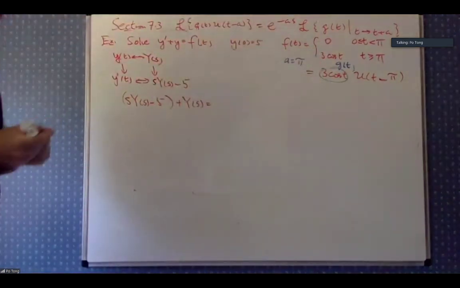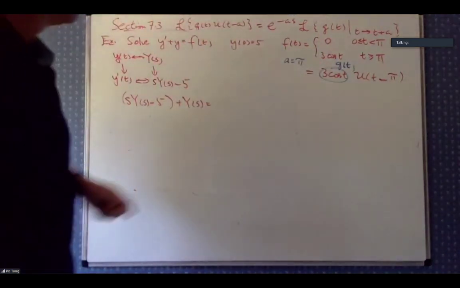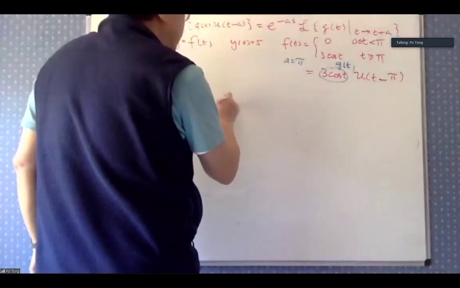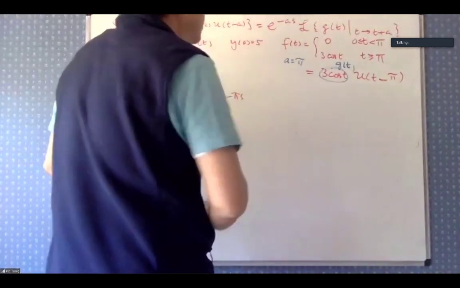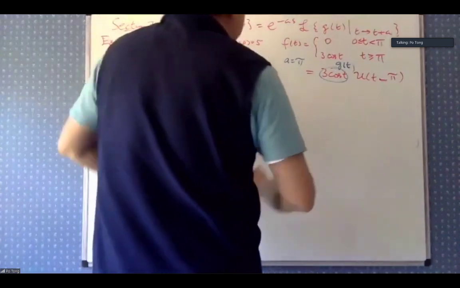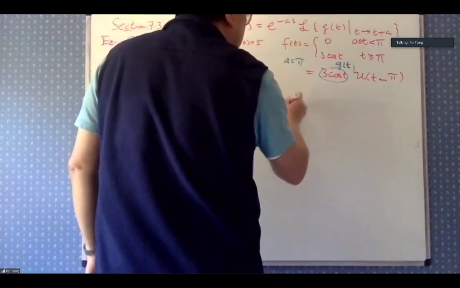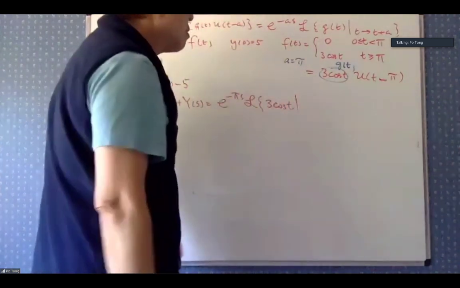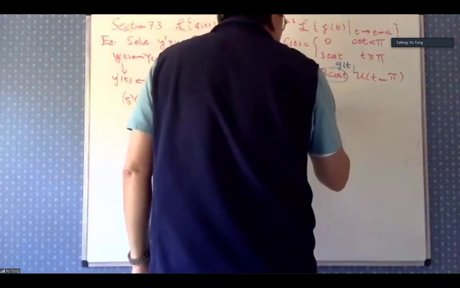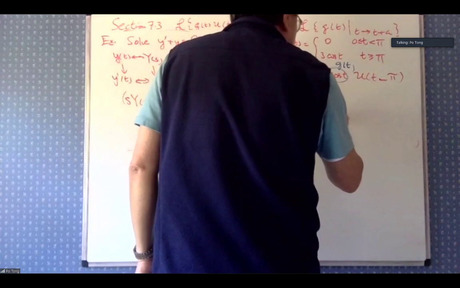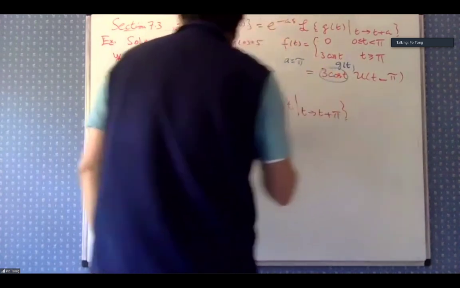So e to the power minus pi s times the Laplace transform of 3 cosine t. But before you do the transform, this goes to t plus pi first.